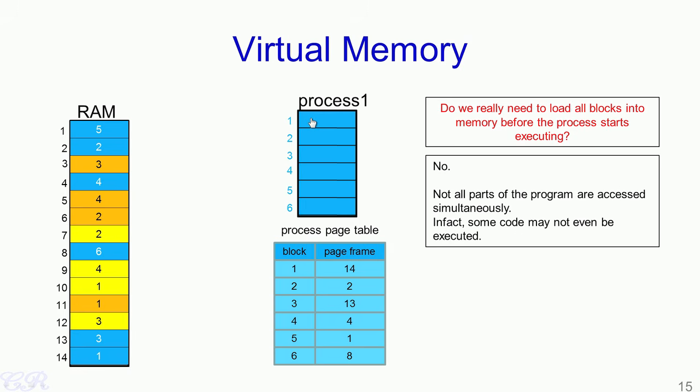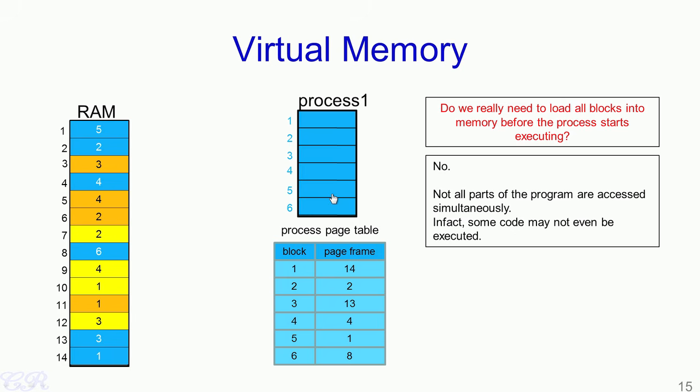Once there is a jump to another block, say block 3, it is quite likely that, because of the locality of the program, quite a few instructions would be executed from this block and so on. In fact, it is quite often the case that there may be several parts of the process memory which are not even accessed at all, that is, they are neither executed, loaded nor stored from memory.